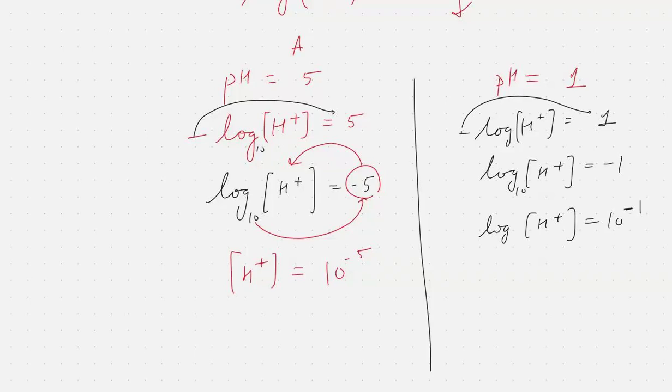So what does that mean? H plus ion concentration will be 10 raised to power minus 1, which is 0.1. And the other is going to be 1 upon 10 raised to power 5, which is 0.00001.